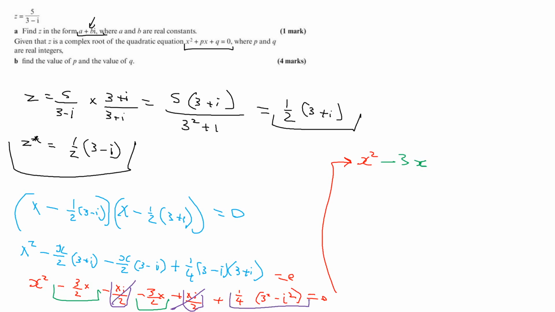And now all we need to worry about is this, which is 10 over 4, excuse me. So that's just going to be plus 5 over 2. And that's all equal to 0. So it seems that p is equal to minus 3 and q is equal to 5 over 2. And those are your final answers.